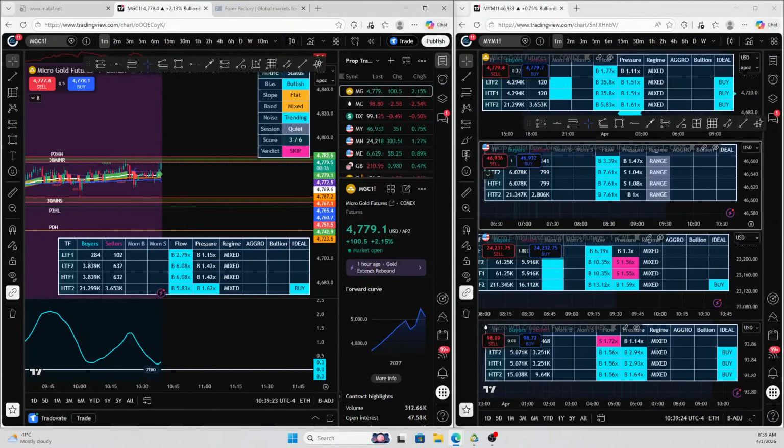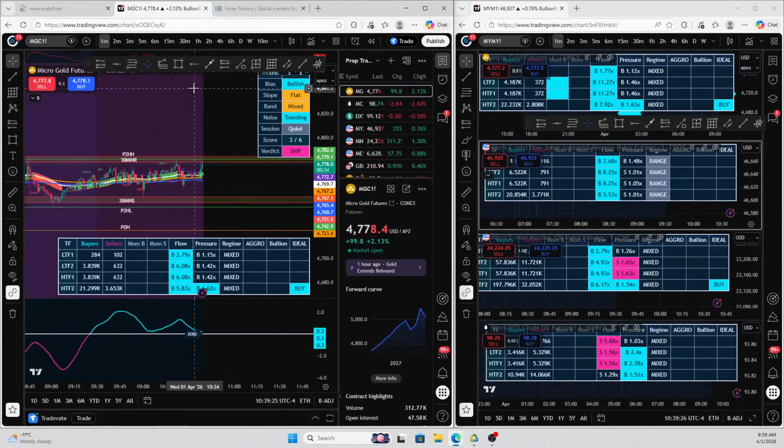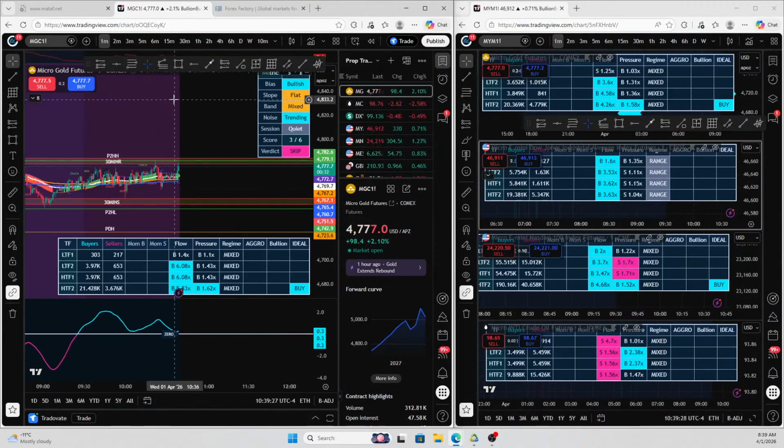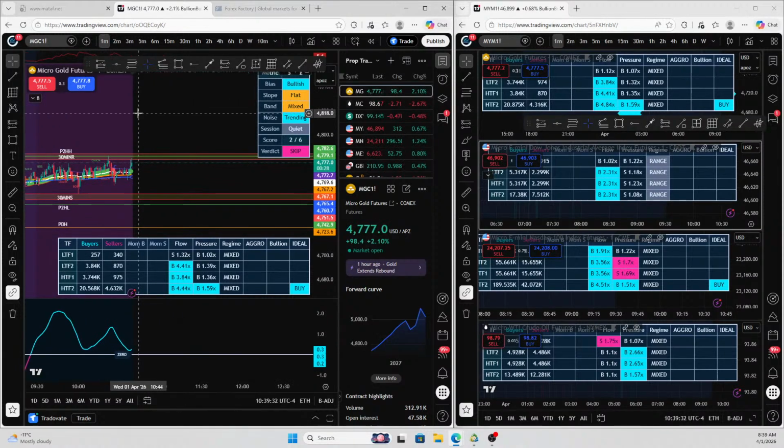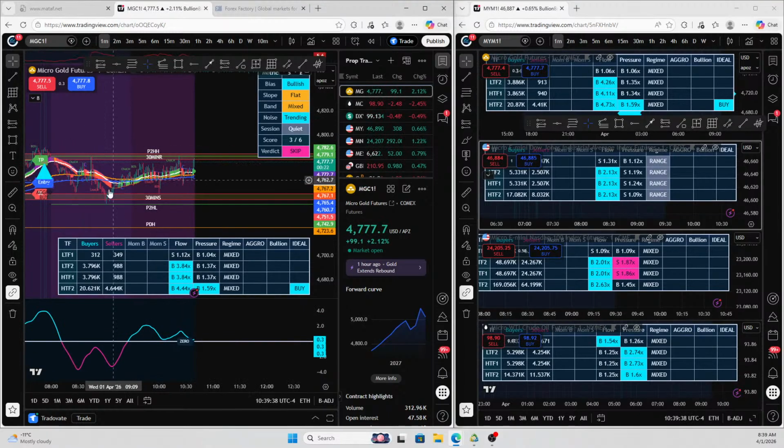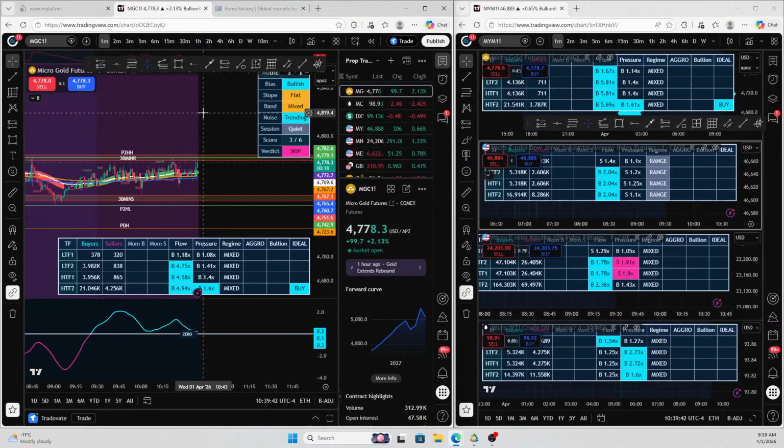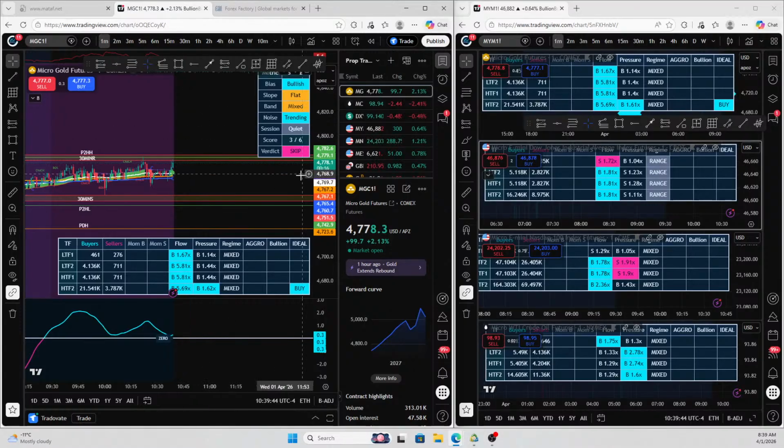Okay. Let's see how the market reacts at this level. Yeah, we're still seeing this push, but we're not seeing nice, clean price action.